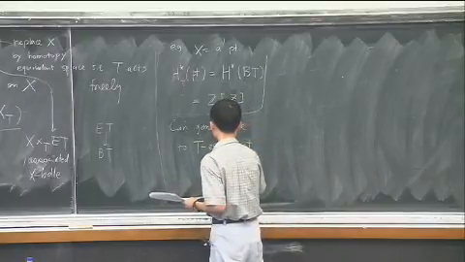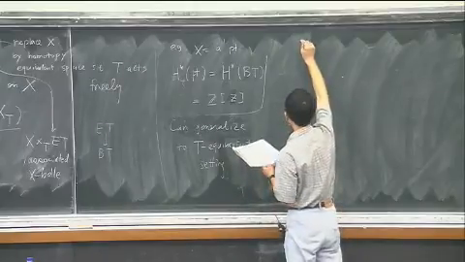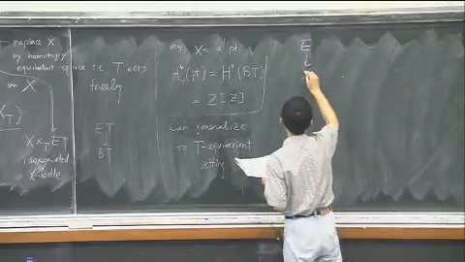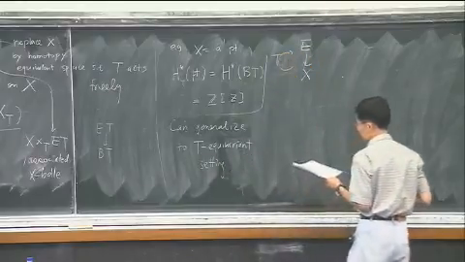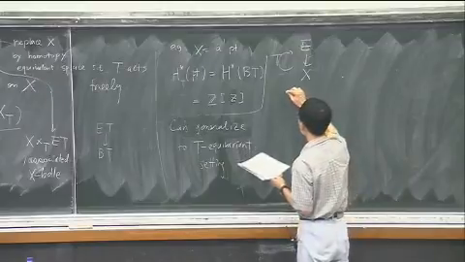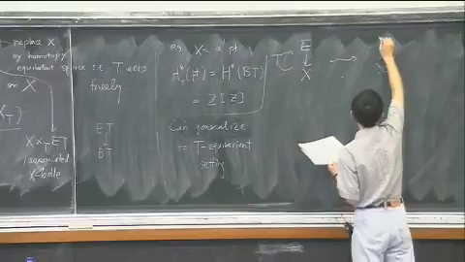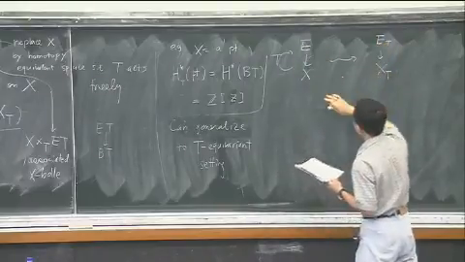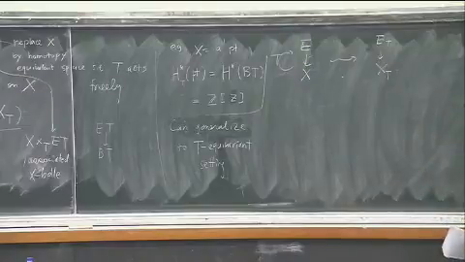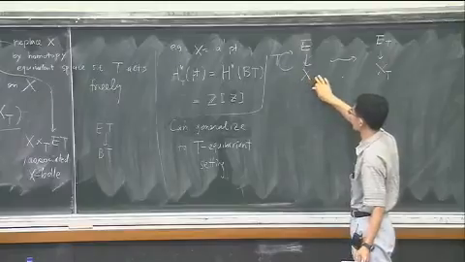For example, if you have a vector bundle, which I denote by E, and you have a T action on it, then you can define a T equivariant vector bundle, so that T acts on E and T acts on X compatibly.